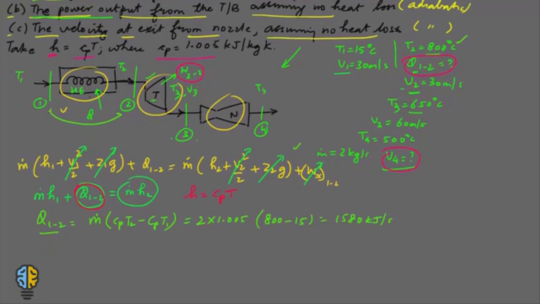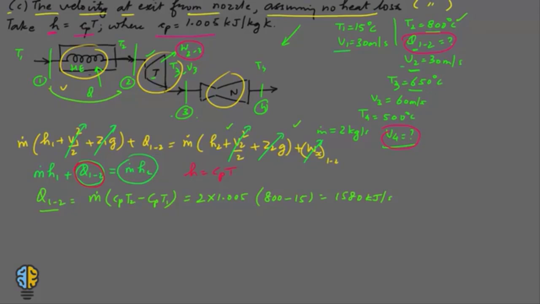Now let's analyze the turbine, and we'll apply the same SFEE for the turbine as well. Now in the turbine, let me write this equation again: m dot into (h2 plus v2 square by 2 plus z2 g) plus q23, because now we are going from 2 to 3, is equal to m dot (h3 plus v3 square by 2 plus z3 g) plus Wx23.